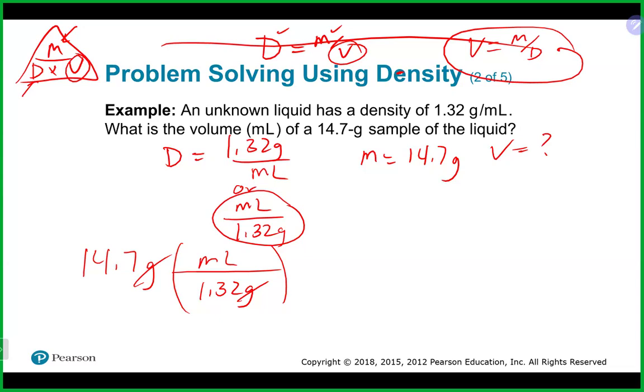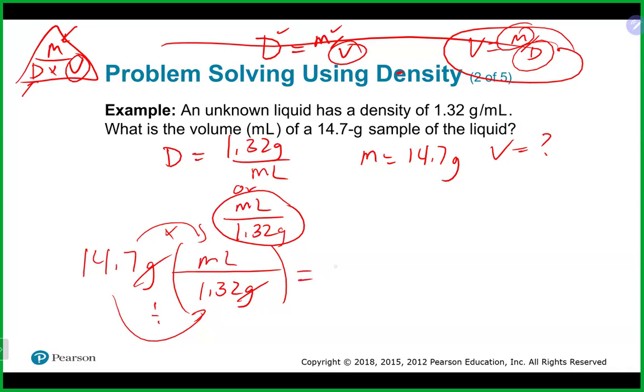You don't even have to think about it too hard because we know everything on top gets multiplied and everything on the bottom gets divided. So now I know I'm going to do the right math here, which is essentially 14.7 divided by 1.32, which is pretty much mass divided by density. Setting it up like this allows you to do the formula without having to do the formula, just by keeping things opposite of each other.